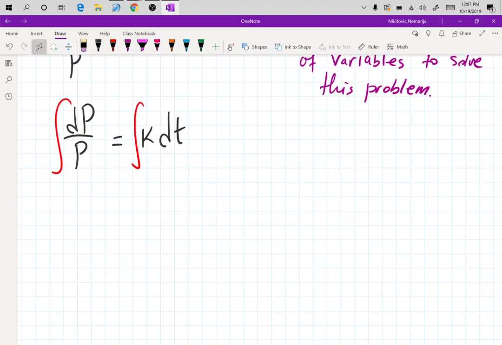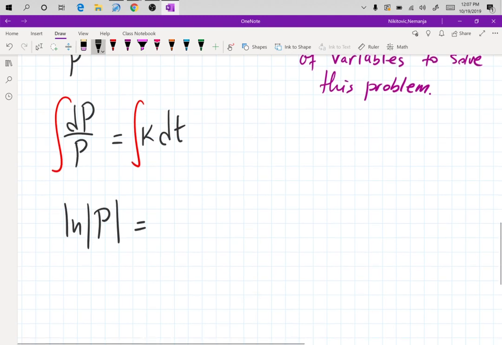What is the integral of dP over P? ln absolute P equals, what is the integral of K dt? K is a constant. So it's Kt.